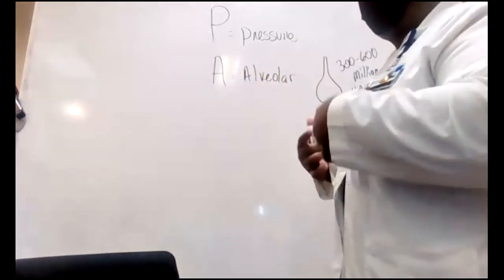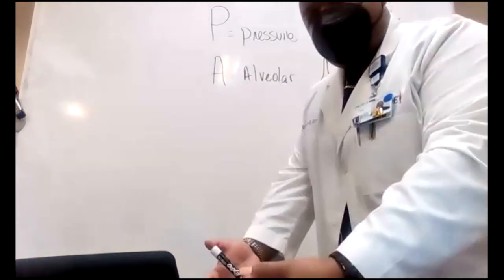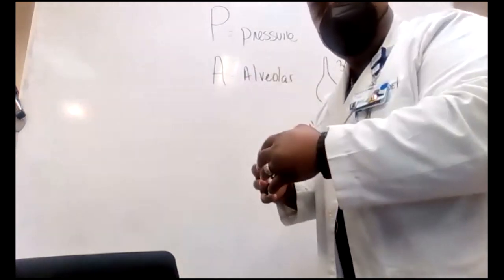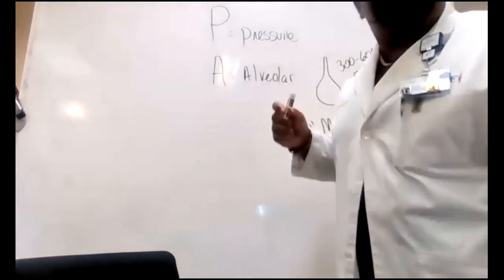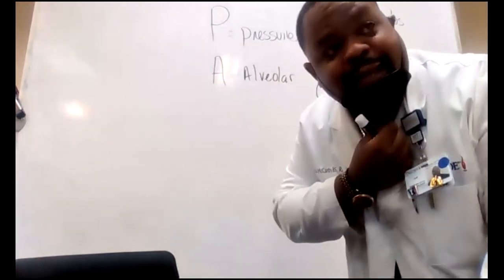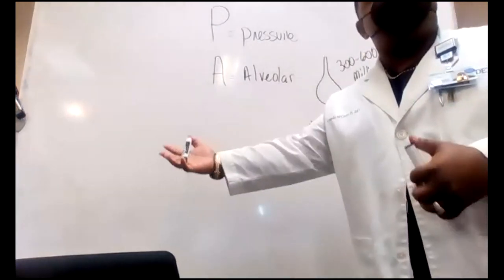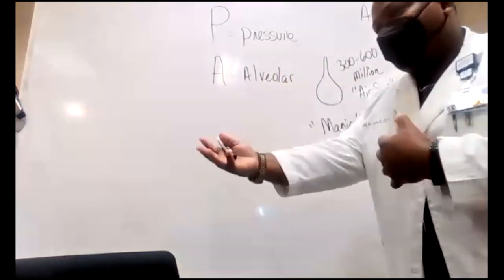So when we are in metabolism, as I'm sitting here moving and talking and living, my body is burning sugar and producing carbon dioxide. That carbon dioxide blood, which is waste, comes back to the heart, and the heart pushes it to the lungs so it can get to the alveoli so you can blow it out. Now, when you inhale, you take in oxygen. So in the alveoli, the magic is happening.